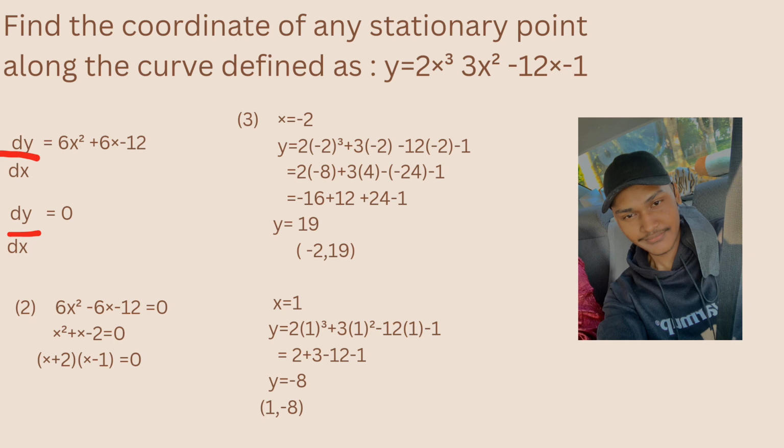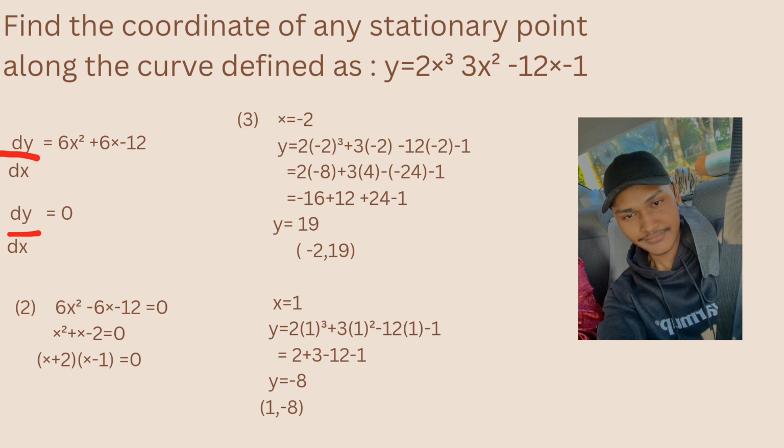We put it in brackets: x plus 2, x minus 1. x plus 2 equals 0 or x minus 1 equals 0. Next, we find the y coordinates. x equals negative 2. So y equals 2 times (negative 2) cubed plus 3 times (negative 2) squared minus 12 times (negative 2) minus 1.